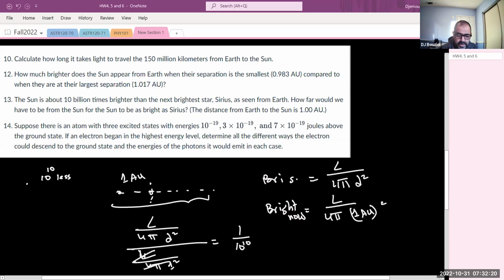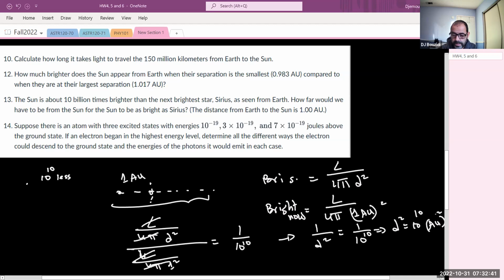The luminosity and the 4 pi cancel, so 1 over distance squared should be 1 over 10 to the power 10, so d squared must be 10 to the power 10 astronomical units squared.